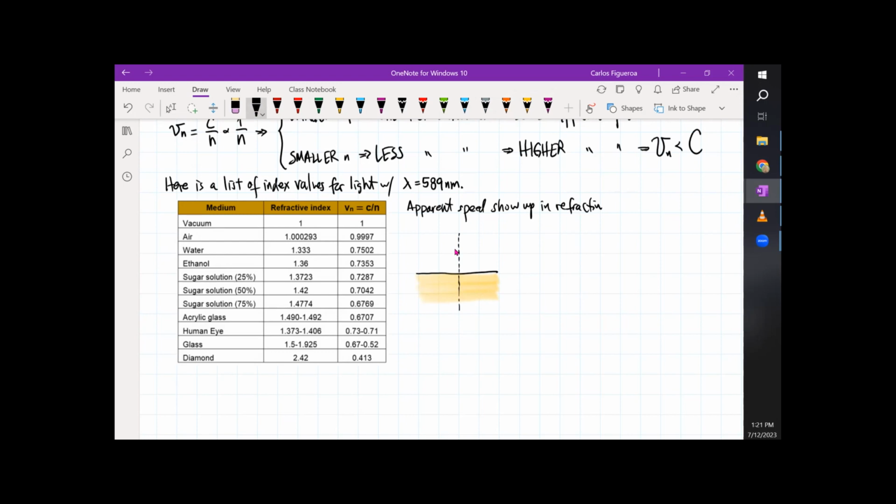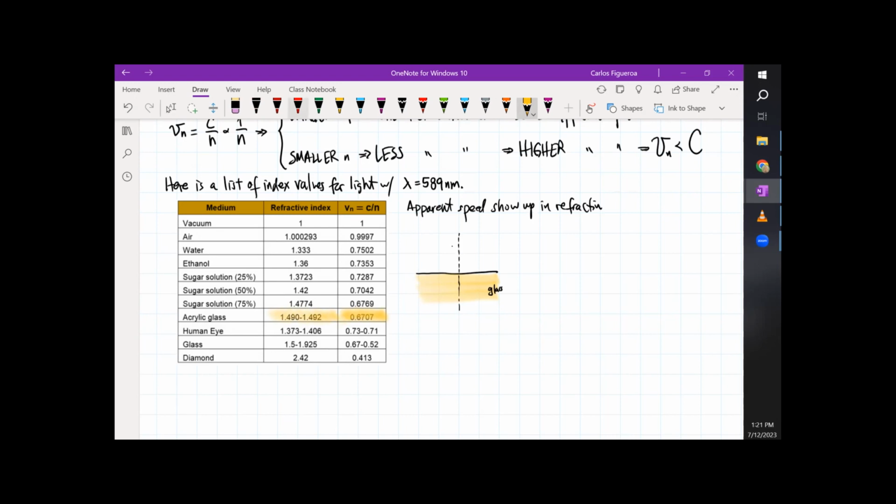I could imagine that this might be, let's call it glass. So if I look at glass, let's talk about acrylic glass. Acrylic glass tells me that this is the speed change due to this index of refraction right there.